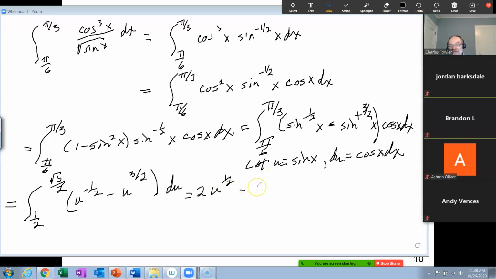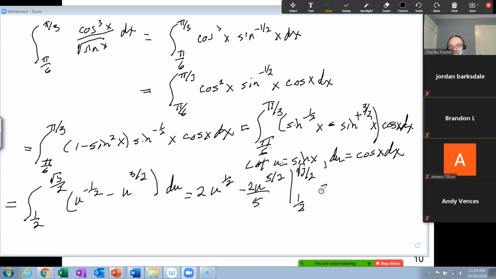Minus u to the, increase that by 1, 5/2. Divide by 5/2, which is the same as multiplying by 2/5. Okay? And then we evaluate that from 1/2 to square root of 3/2.